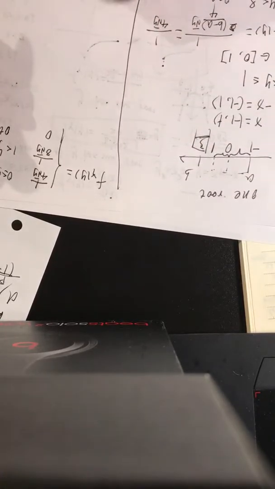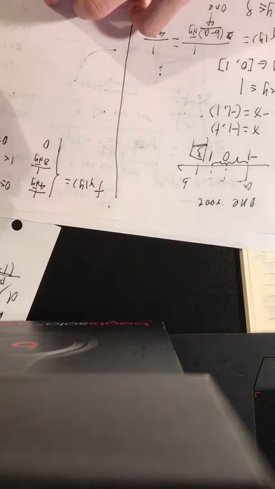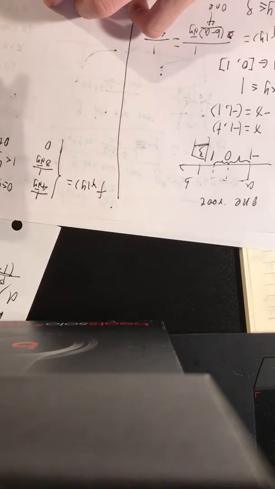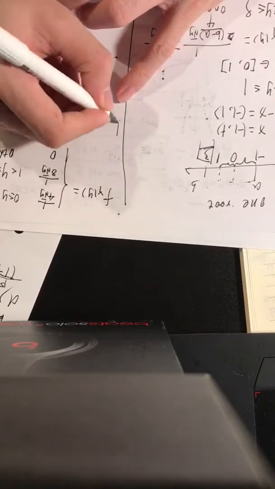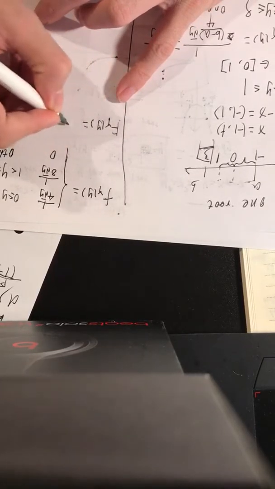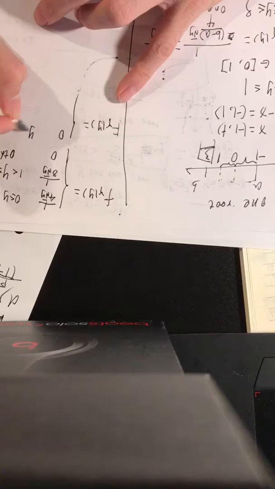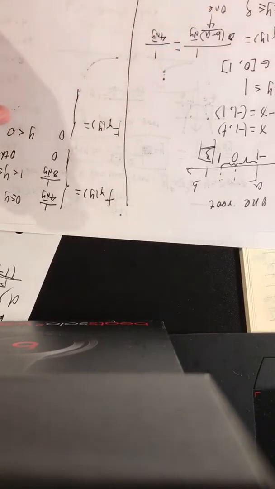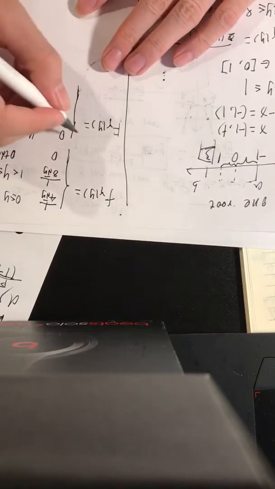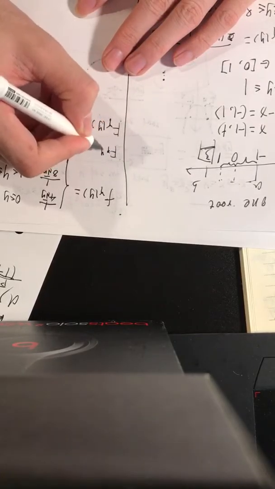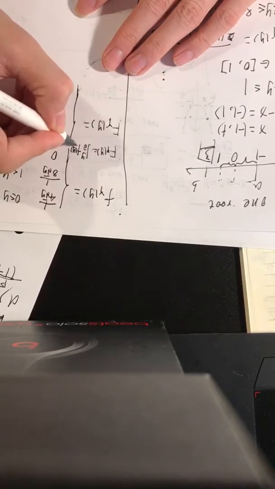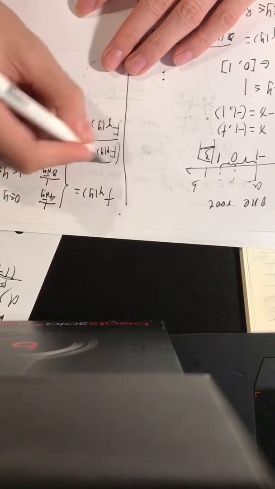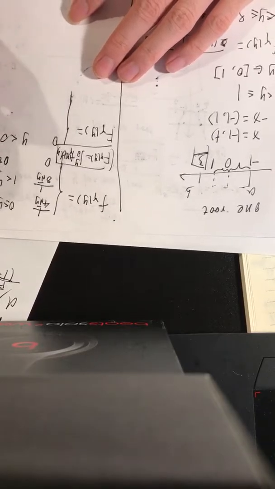Not in this section. So it will be 0 the probability, and then we can get Fy, and according to the formula, Fy should be according to this.